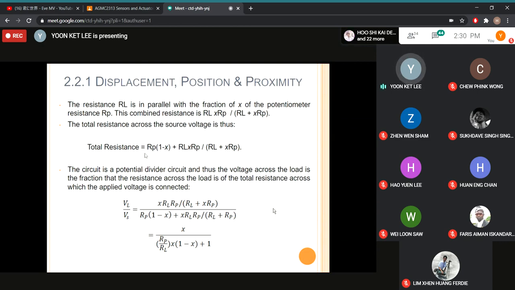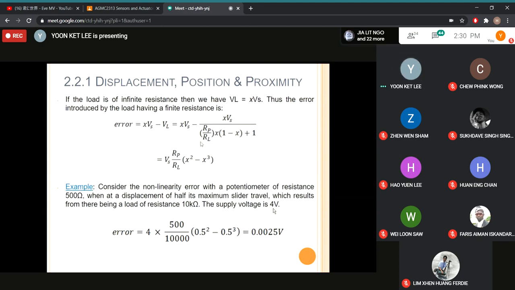I definitely won't ask you to prove how this equation comes about. My interest is that you know how to apply the equation. For example, what is RP, what is RL, and what is S squared minus S cubed. You need to know how to apply the equation, which will be sufficient.